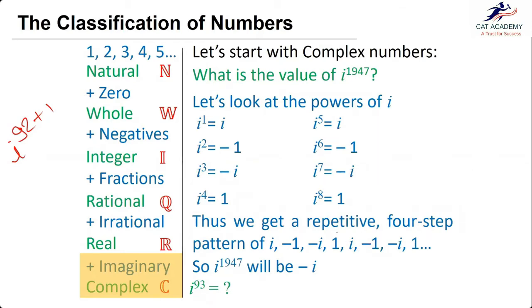So i raised to 4 is here, i raised to 8 is here. So all the multiples of 4 are having a value 1. So i raised to 92 should be over here, so 93 should be over here. So the value of i raised to 93 should be i, can I say?